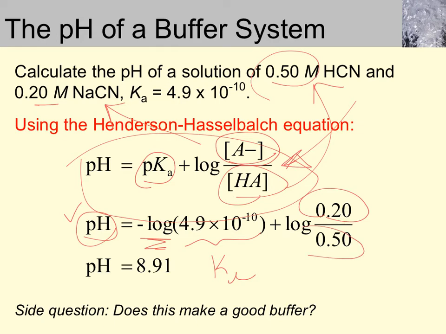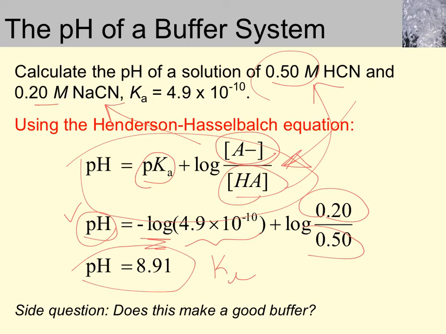And when you plug that into your calculator, and I suggest you go ahead and do that right now to make sure that you're using the calculator you're going to use on the test correctly, because you will have a lot of Henderson-Hasselbalch on this test. So the pH is 8.91.